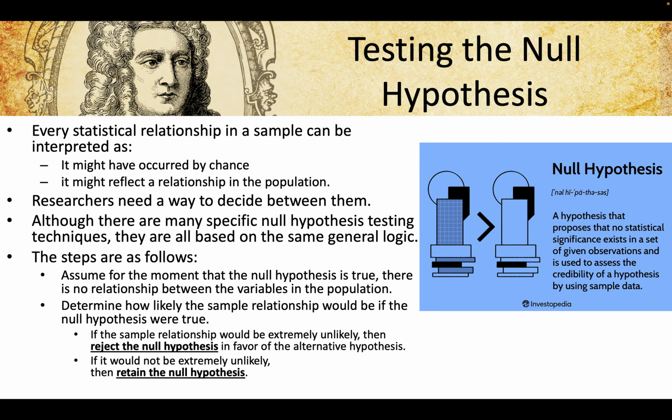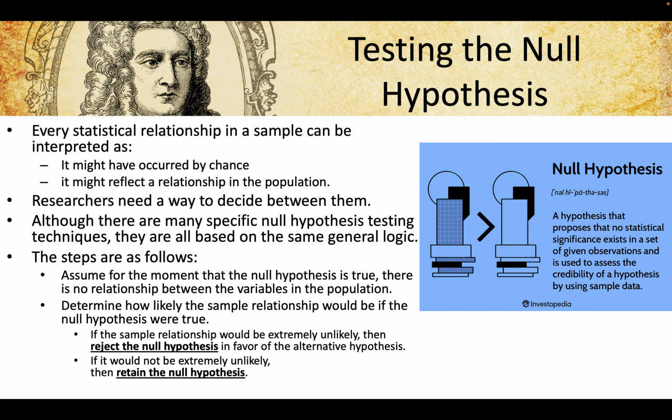Every statistical relationship in a sample can be interpreted as either it might have occurred by chance, or it might reflect a relationship in the population. Researchers need a way to decide between them. Although there are many specific null hypothesis testing techniques, they are all based on the same general logic. The steps are as follows. Assume for the moment that the null hypothesis is true.